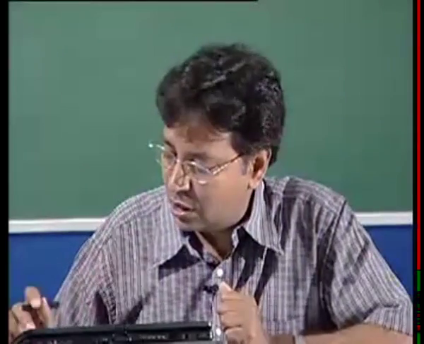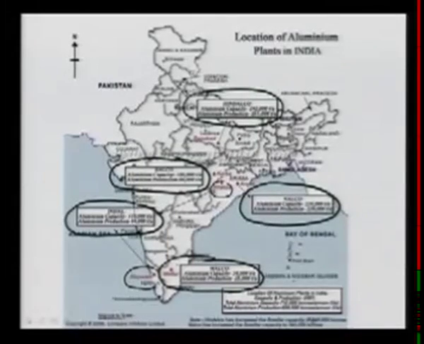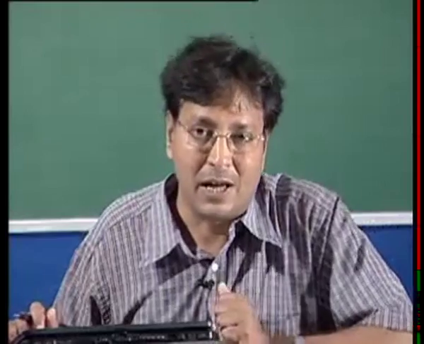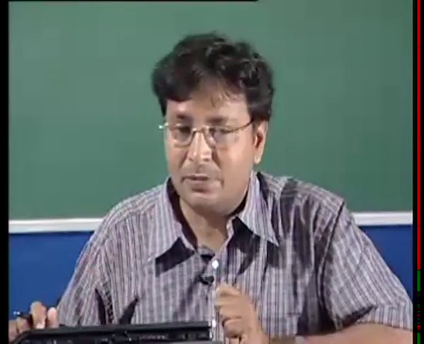But let's now go to the process flow sheet of how the alumina is made. As I said in the beginning, there are three parts: the mining, which we are not discussing in this lecture; the second part is the alumina making, that is Al2O3; and the third part is the electrolysis of Al2O3 to produce aluminium metal. So let's talk about the making of alumina.